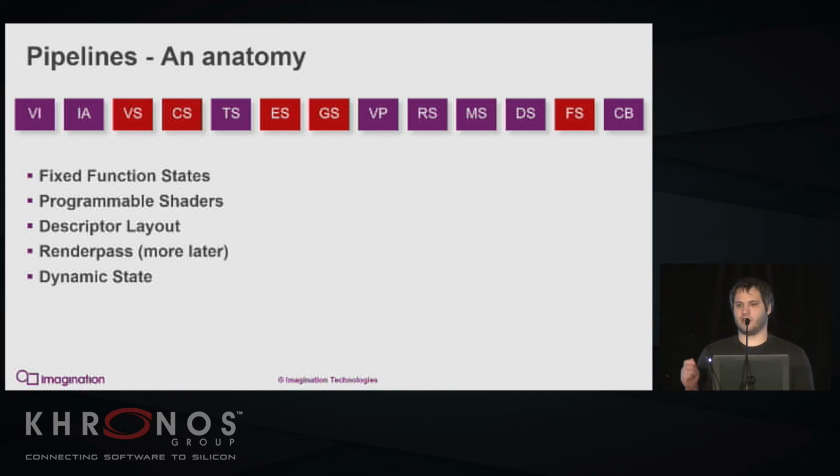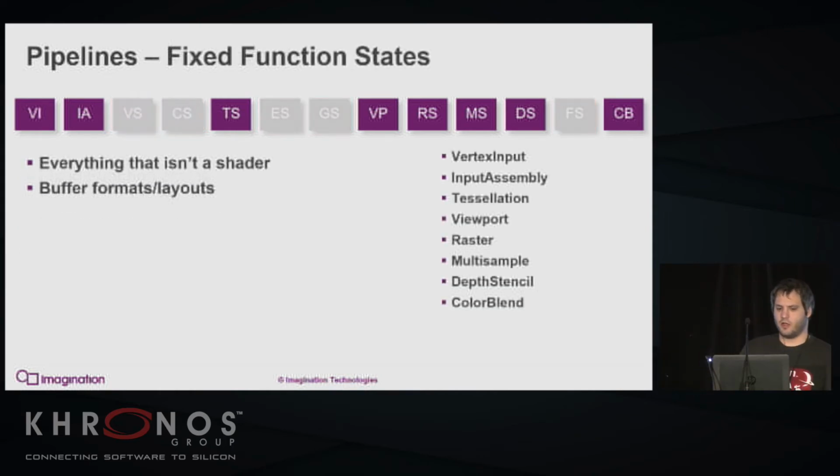In OpenGL, you can fiddle a bit of state here, you can enable a bit of state here, and the driver just has to deal with it. So a pipeline consists of a bunch of fixed function states, which is basically everything that isn't a shader. And it doesn't specify the exact data for the pipeline, it just specifies the layout of that data. And the dirty secret with GPUs, different depending on the implementations, is that different parts of these fixed function states might not be fixed function at all.